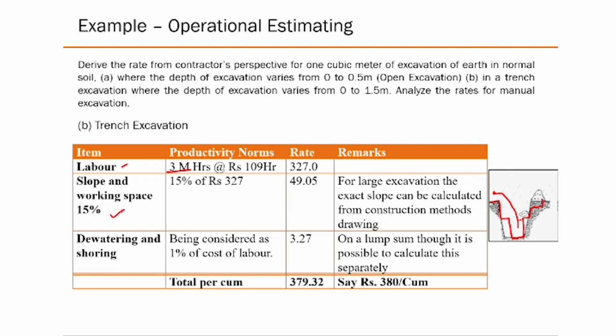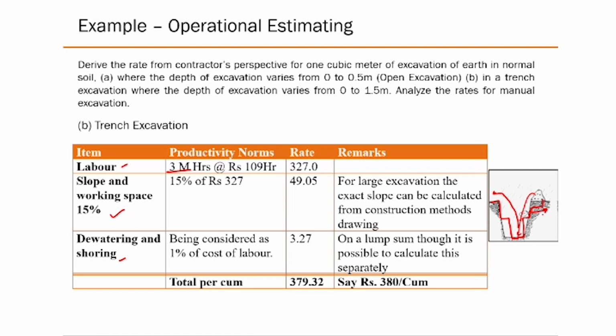But you also need sloping and work space, which I've given you an estimate for in this case of just 15% of the total amount. You may need dewatering and shoring. Dewatering is essentially that sometimes the water gets filled, or you need to suck the water out from this particular area, because water is the one that creates the overburden pressure, and that can actually lead to a cave in.